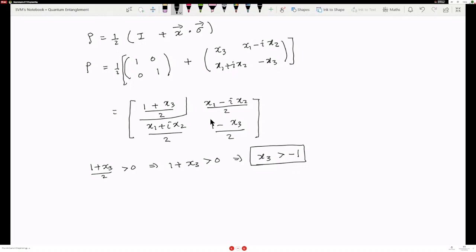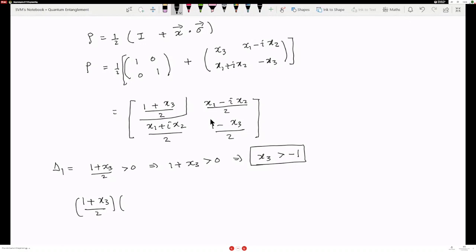And now let us look at the determinant of the full thing. That is (1 plus x3) by 2, what I have shown here is delta 1.